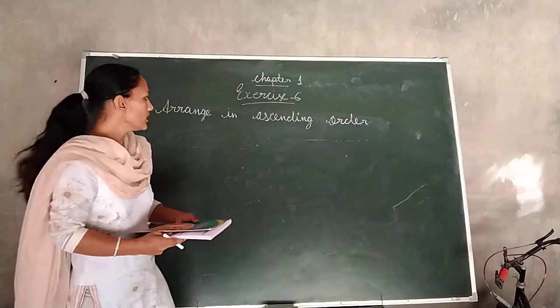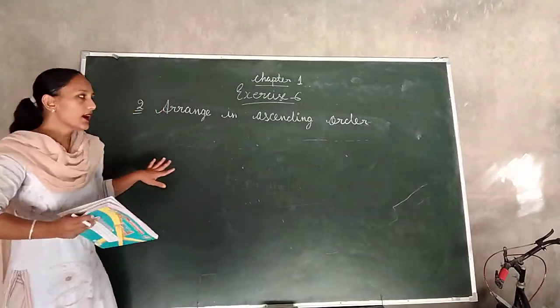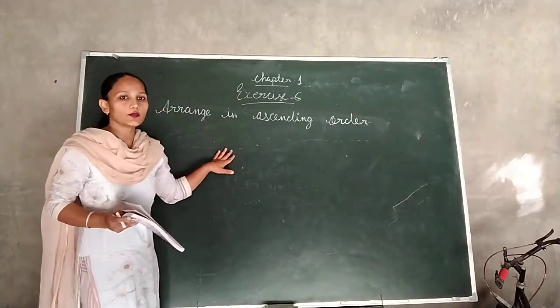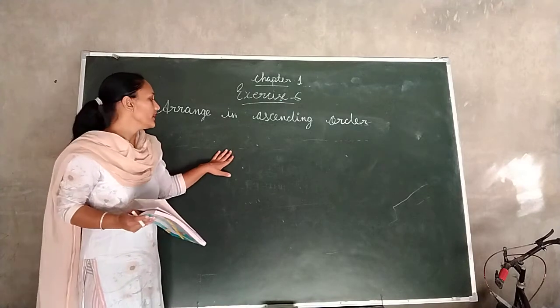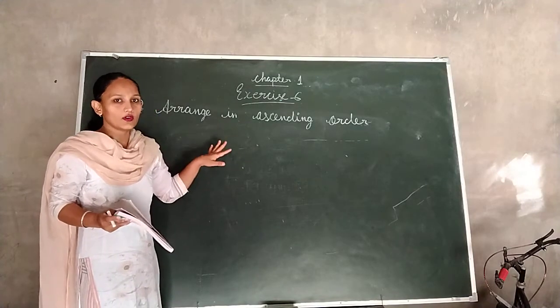In ascending order, what we have to do, we have to find the smallest number from the given numbers and then we have to go upwards.